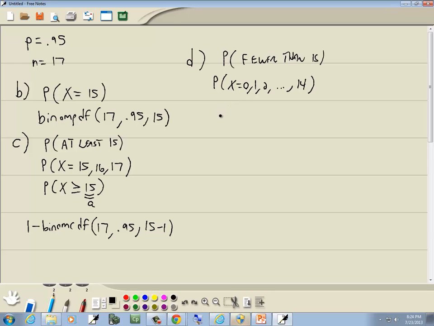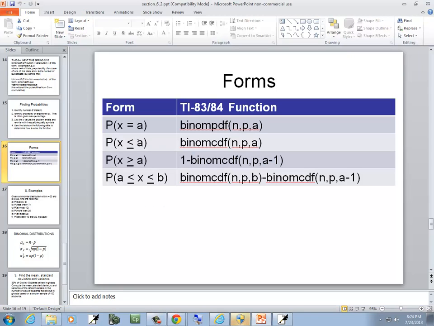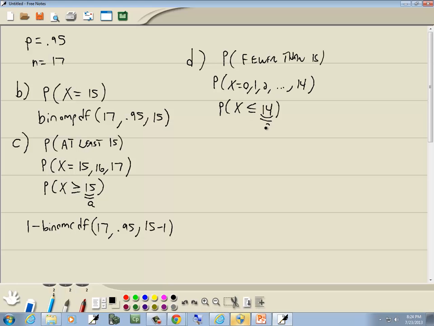Well, this is less than or equal to. This is probability x is less than or equal to 14. And so it's the second form here. So we do binom CDF n, p, A. So we're going to do binom CDF n, which was 17, p, which is 0.95, and then A, which was 14.